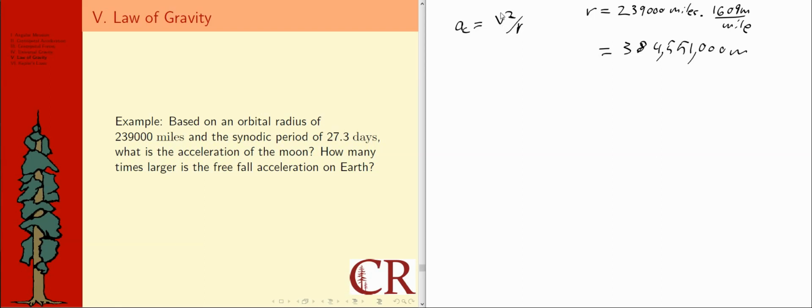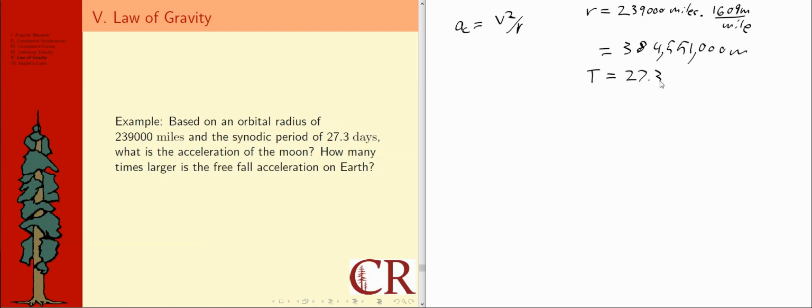If I ask whether I have a number to plug in for v, I would need to be given the orbital speed of the moon, which I was not given. I think it's appropriate to assign that 27.3 days to the variable T that is customarily used to represent the period of something.